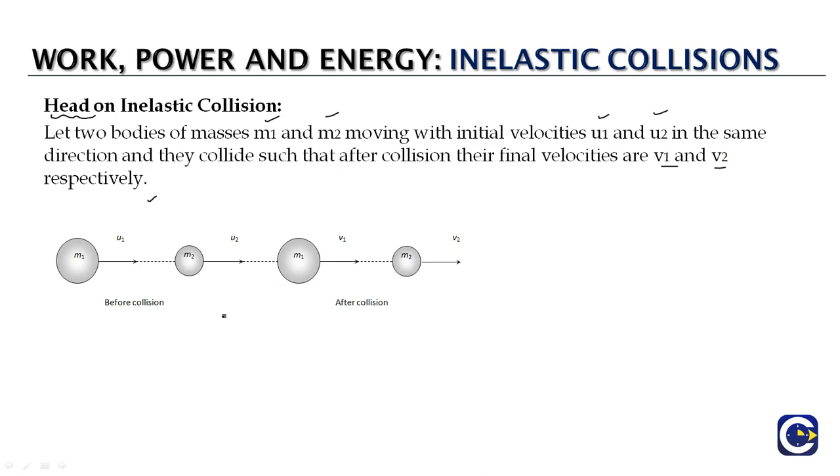Now as per the definition of the coefficient of restitution E, which is an indicator of how elastic, or rather how inelastic, a collision is, the E value will be the relative velocity of separation after the collision divided by the relative velocity of approach, which means it will be (v2 minus v1) by (u1 minus u2).